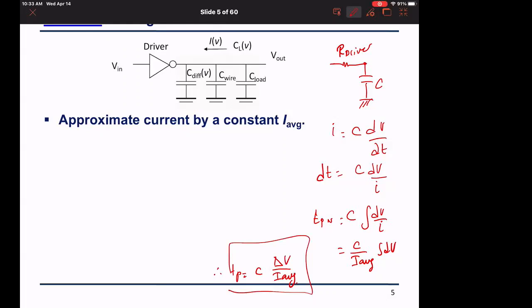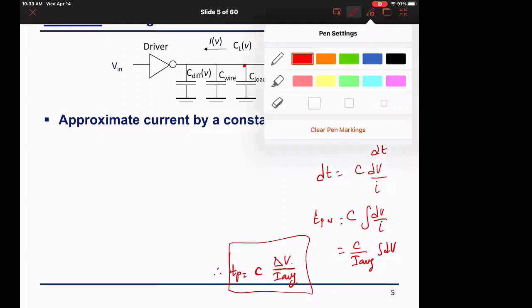Okay, so we move from the capacitor equation to derive the delay as the capacitor times delta V, the change on the output voltage or the capacitor voltage during this interval, over the average current that was dissipated in this interval.